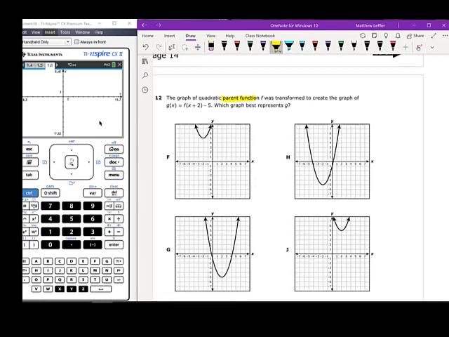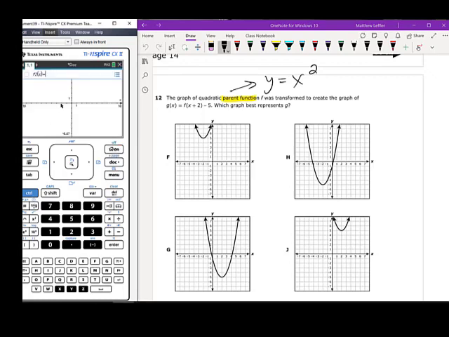The parent function y equals x squared. So my parent function in the calculator is called f1.